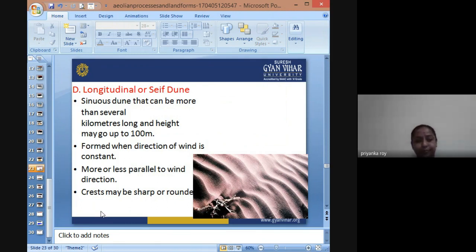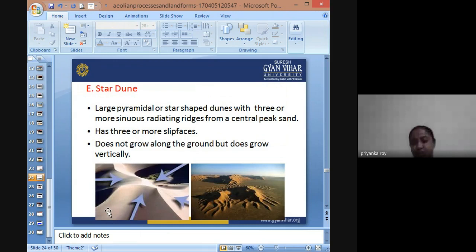All right. Now, the crescent will be of more of a rounded shape. Then there is also another depositional land feature, which is a large pyramid-like shape, which you can call star dunes, or pyramid dunes, with three or more sinuous radiating ridges from the central peak of the sand hill.